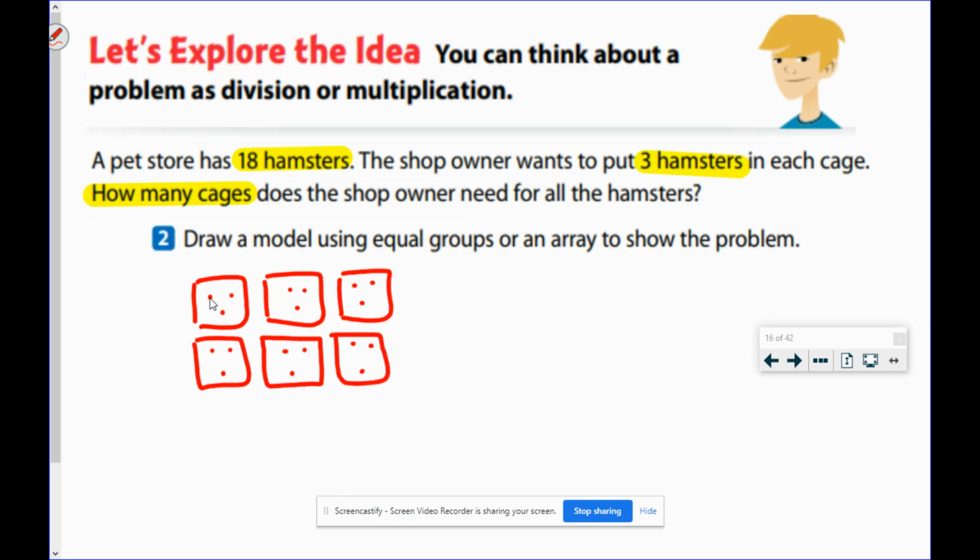And I can see modeling it out that way. 18 hamsters put into equal groups of 3 will give me 6 groups. If I do an array, like you saw on the LearnZillion video, we can count 1 through 18. And when we do that, we can see there's 6 groups.